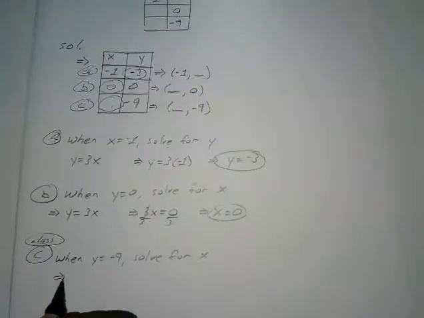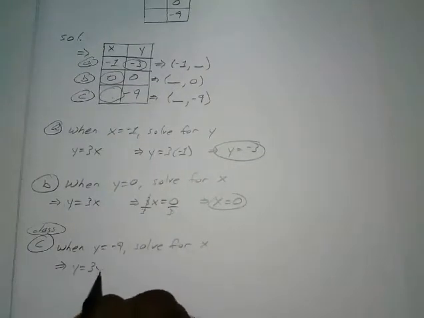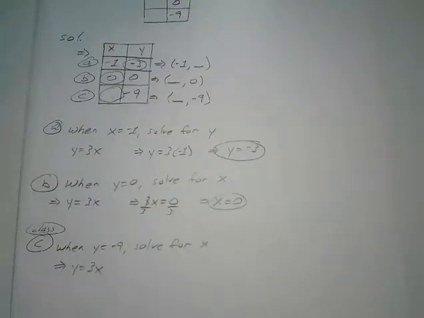Okay, so just like before, we started with y equals 3x, and we know that y is equal to -9. So that's -9 equals 3x, or you can switch it around as 3x equals -9. Exact same thing. So we divide both sides by 3.